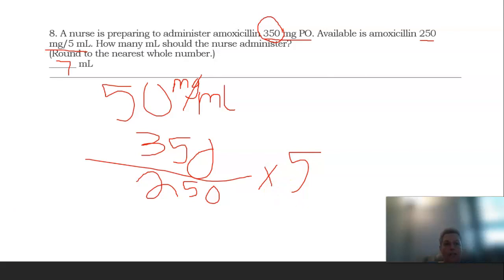Do I not get 7 milliliters? 7 milliliters. Fabulous.